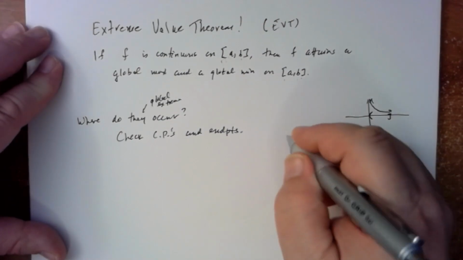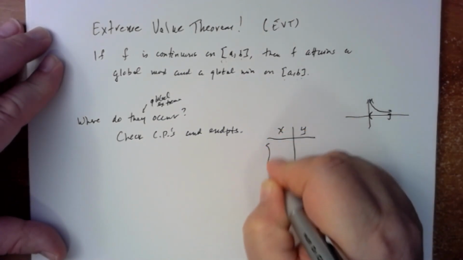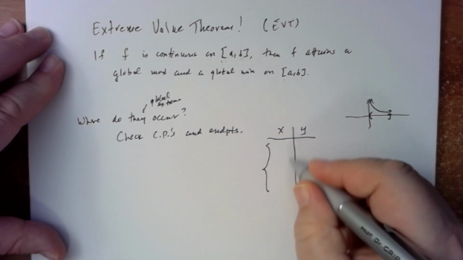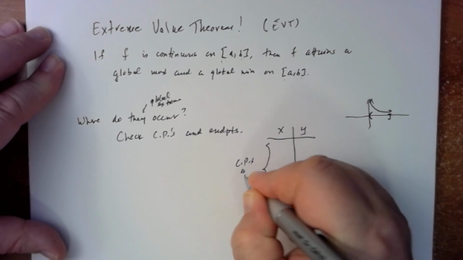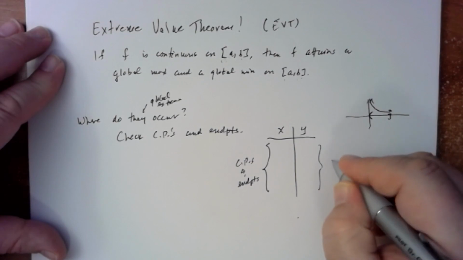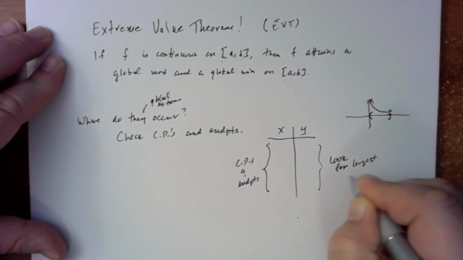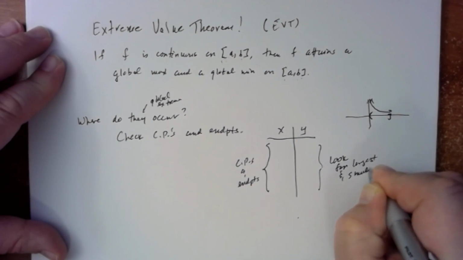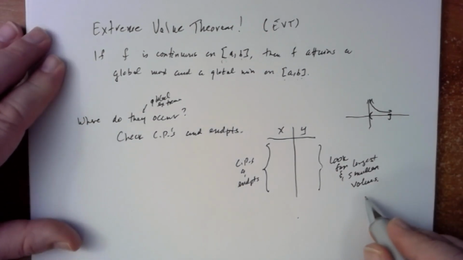So to actually check, you want to build a table, x and y. In the x values of your table, you put in your critical points and endpoints. Then over here, we just look for the largest and smallest values, and those will be our global max and min.